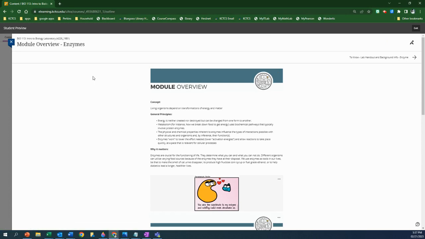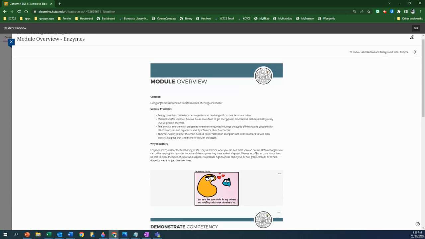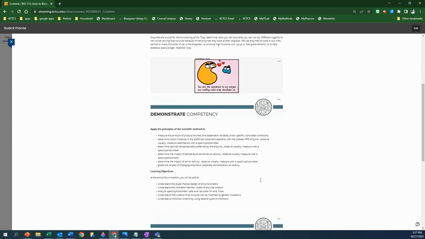So as usual, you click into the overview. We talk about the general principles involved here. And then what you're going to do is apply the principles of the scientific method to perform an experiment. We're going to vary different variables in different experiments, and we're going to find things out about proteins in the process.